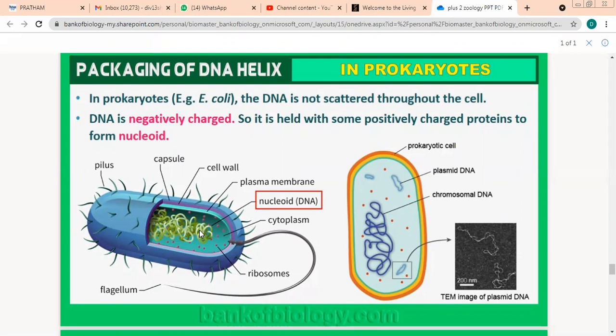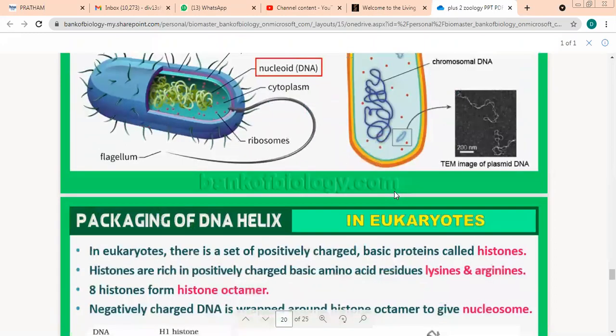And DNA has which charge? Negative. Positively charged proteins and negatively charged DNA will bind with each other and form this structure. What is the structure called? Nucleoid. Yes, beta, nucleoid. So this is in prokaryotes.